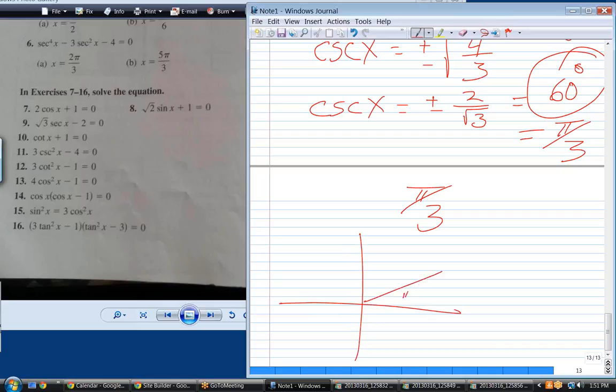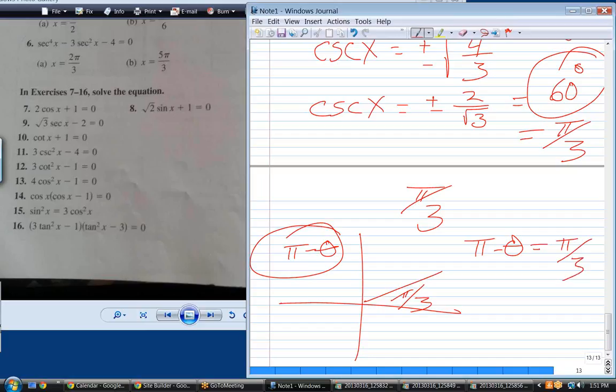If pi over 3 is one answer, in the second quadrant the angle is pi minus theta. In other words, we would solve this equation: pi minus theta has to equal pi over 3.